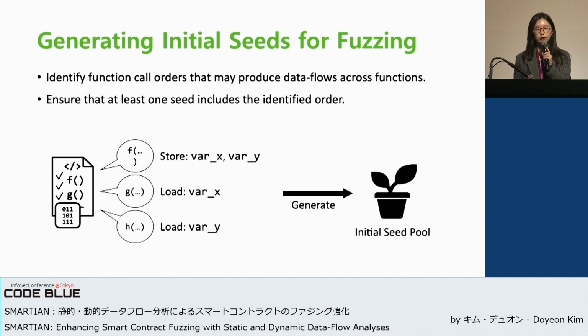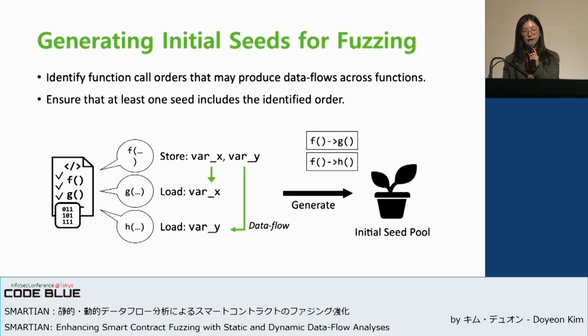Now we have to generate the initial seed pool for fuzzing by utilizing the static analysis result. And I will show you the formal algorithm for seed initialization, which is present in our paper. But before I show you, I will explain the high-level idea first.